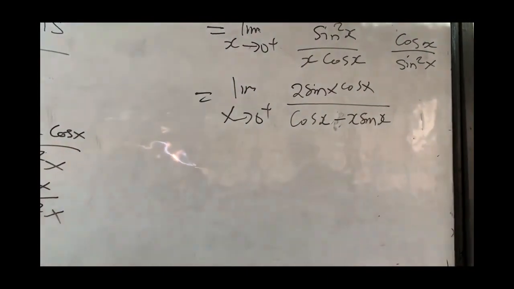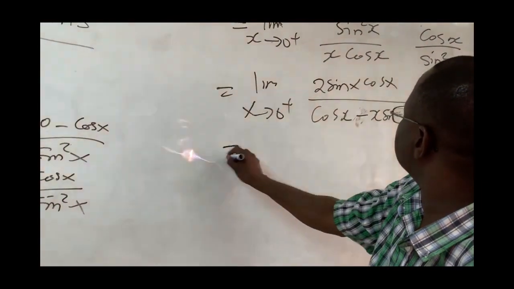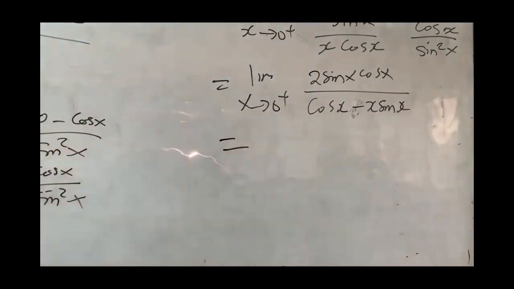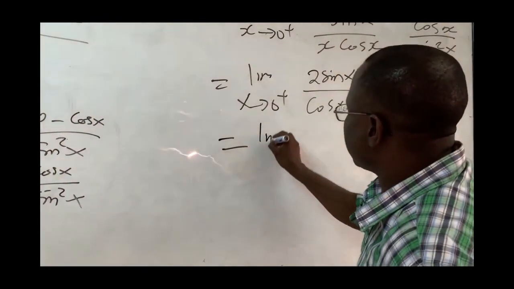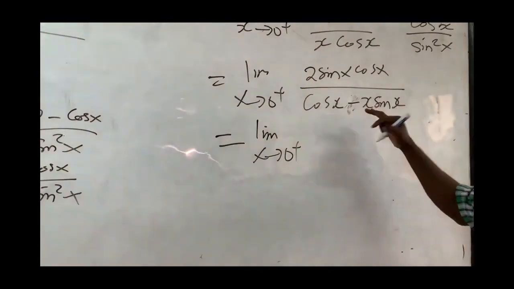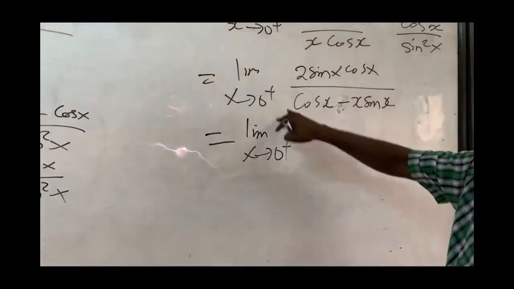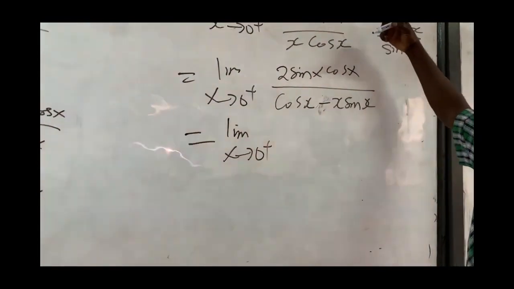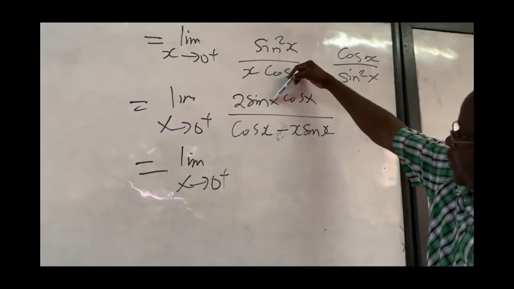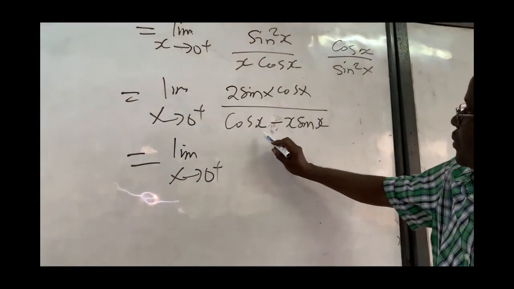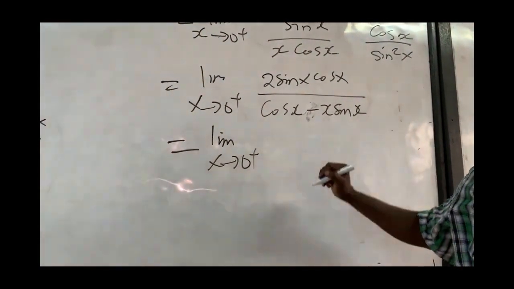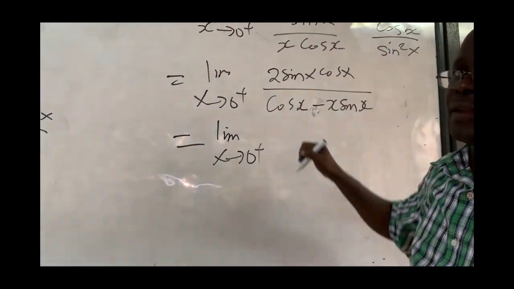All right. So let's see. So this is equal to the limit as x goes to 0 plus. We're going to divide through as x goes to 0. So what do we have now? We have 1 here. We have a 0 here. This is a 1. That's 0. Okay, so it's going to 0. All right. You see why?